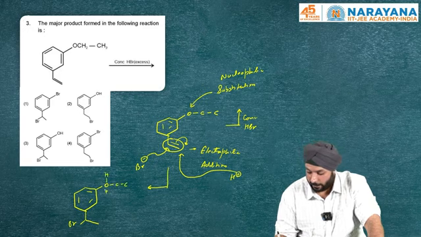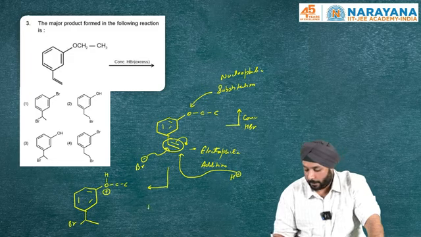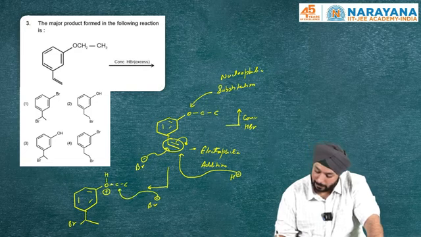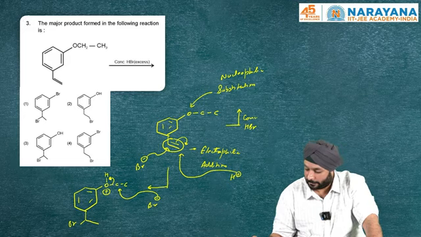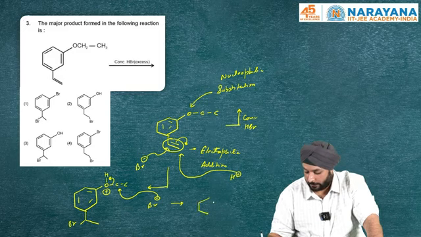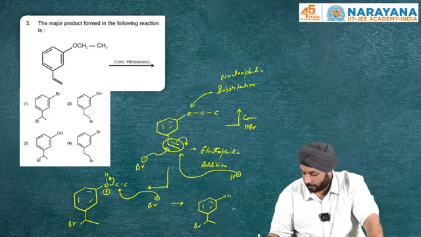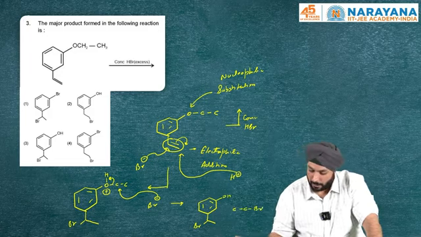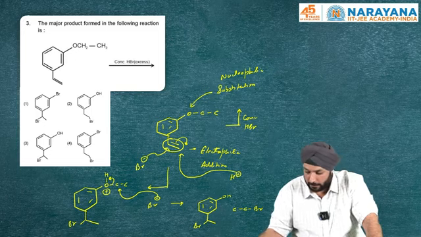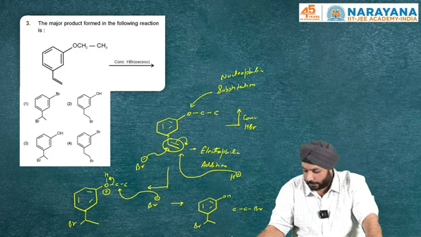Here this will get activated into a good leaving group where Br minus will undergo an SN2 reaction. So this molecule will break, the bond will break in this direction. So the correct option for this reaction should be option number 3.